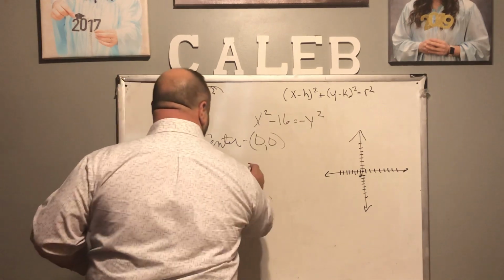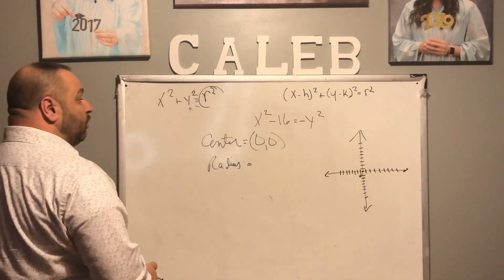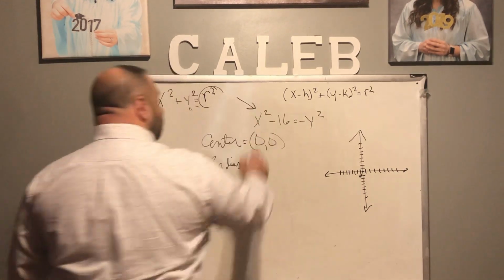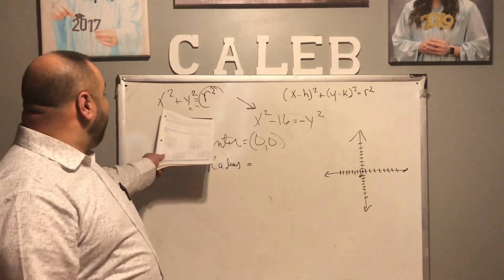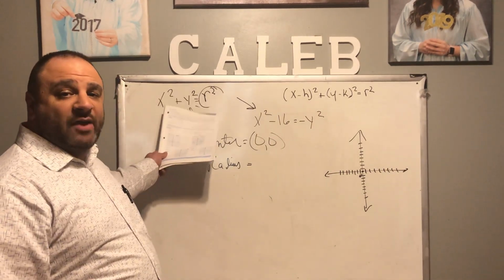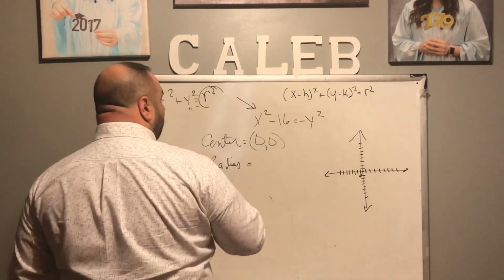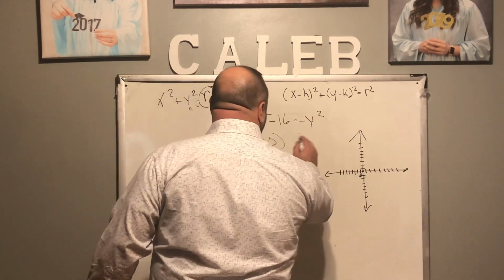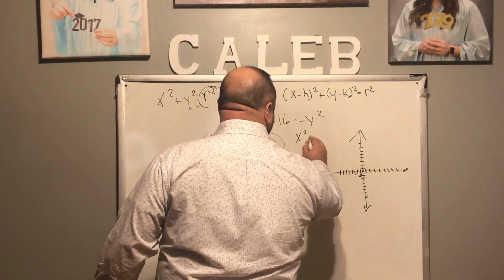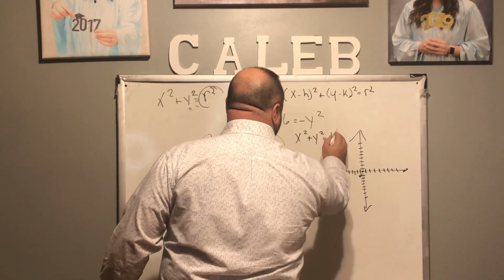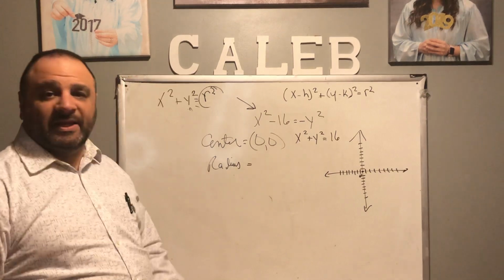In order to find the radius, all we need to do is rearrange this equation. It has to be rearranged to look like this. Once we do that, we can find the radius by finding the square root of the number. So let's go x squared plus y squared equals 16.